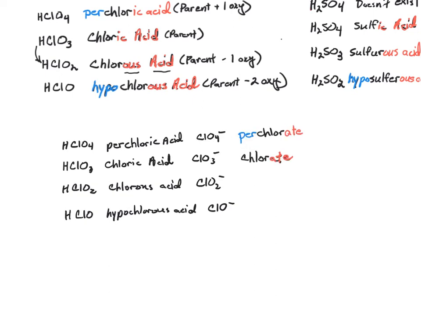So we fix those up so that they have the same color scheme as what we had before. And then for chlorous acid, when it loses its hydrogen, it is called chlorite, using that suffix ite. And then for the ClO minus, we have hypochlorite.